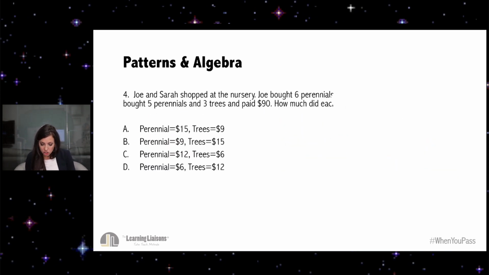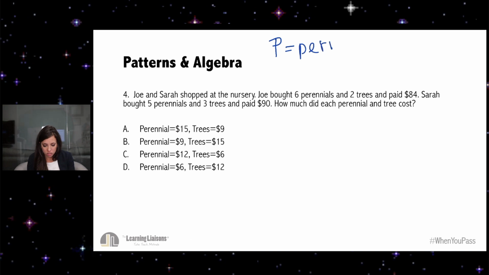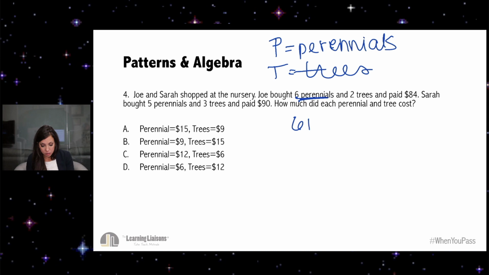If I wanted to solve this using algebra, I can use a system of equations. I'm going to define my variables as P equals perennials and T equals trees. So if he bought 6 perennials, then he has 6P and 2 trees, and he paid $84.